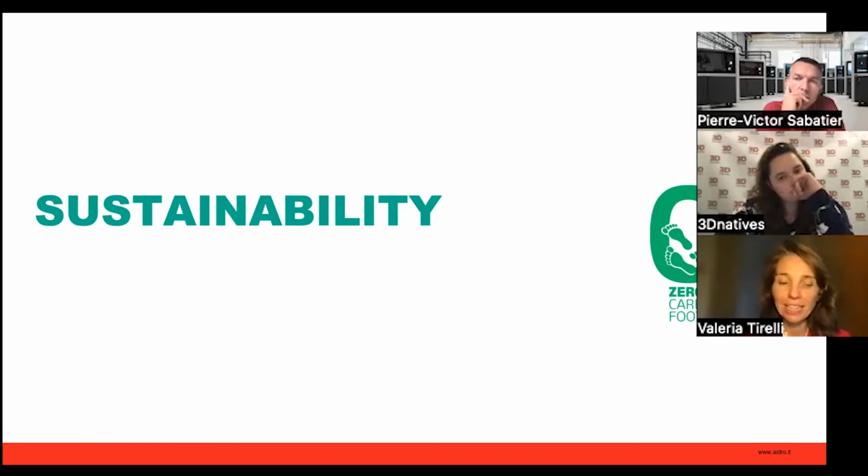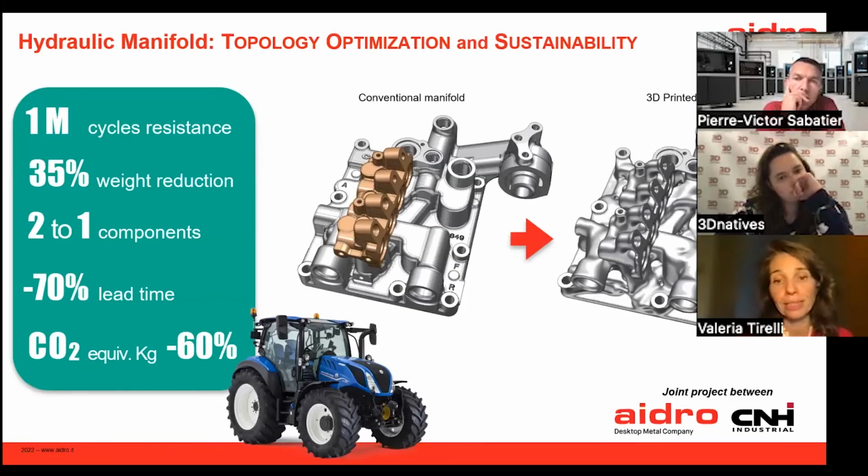In the next slide, you will see an example of a study we made together with CNH Industrial for a hydraulics manifold used in agricultural machinery. You see in the middle the conventional manifold. It's a very big part with a secondary manifold installed on top.